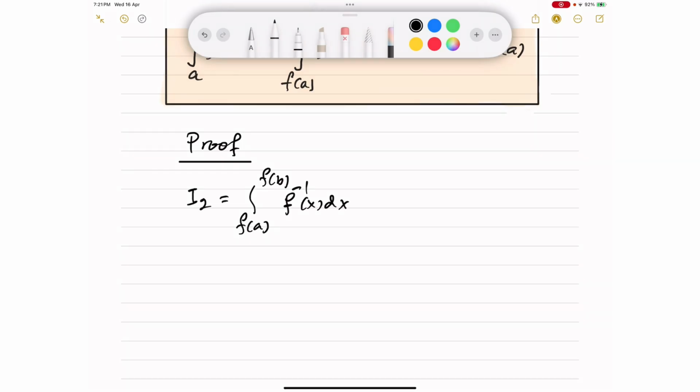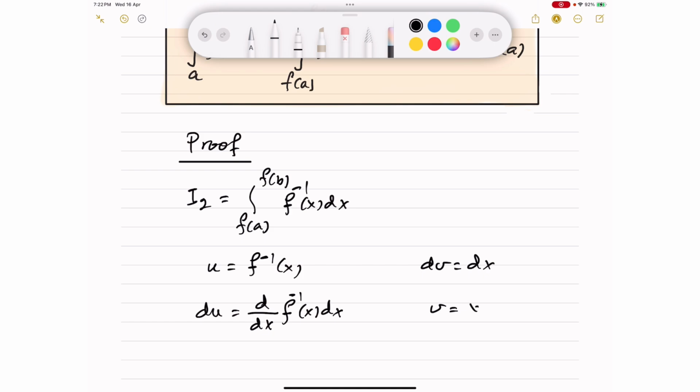Now to solve for this integral, I will use integration by parts. I let u equal f inverse of x, and I'll keep its derivative in terms of the derivative, d by dx, dx. And then dv is equal to dx, and from that we get that v is equal to x.